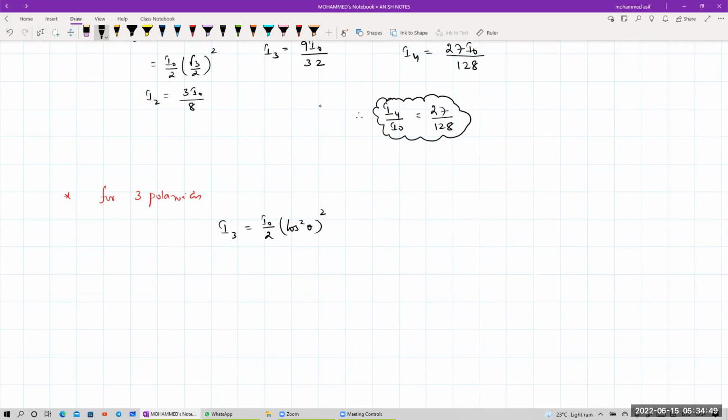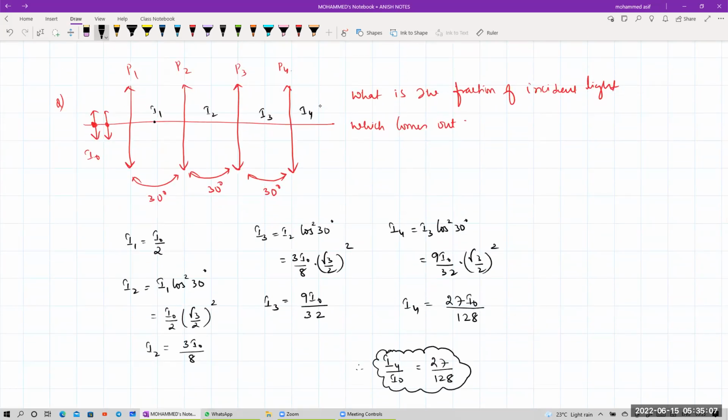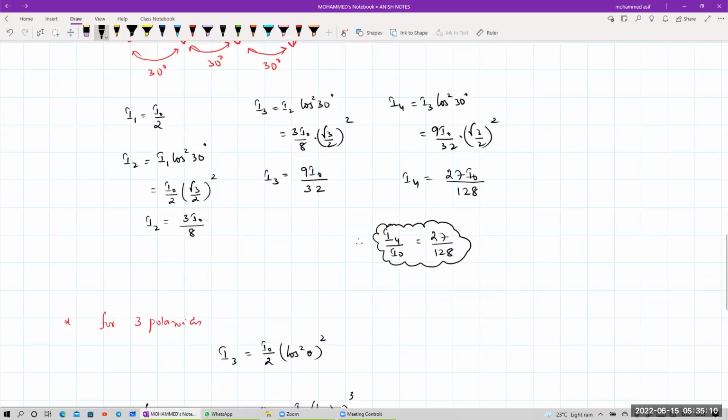For 4 polarizers, I4 will be equal to I0 divided by 2 into cos square theta whole cube. Let's see how many polarizers are there: 1, 2, 3, 4.